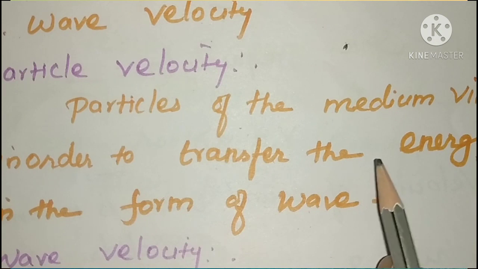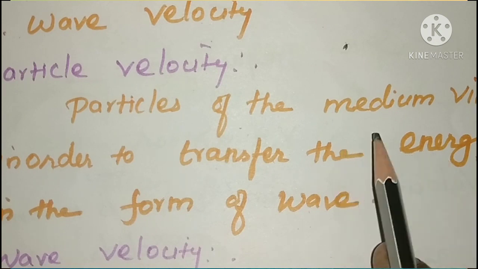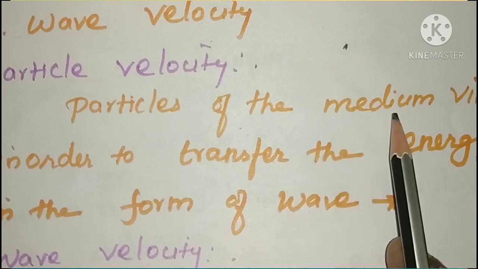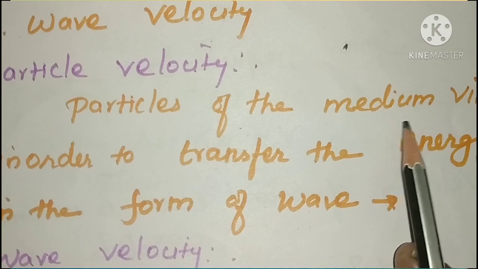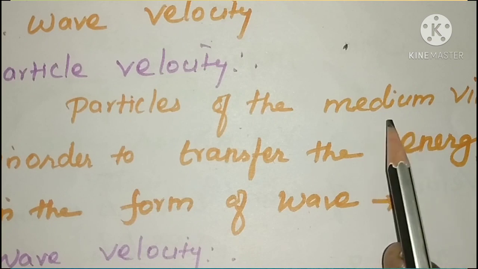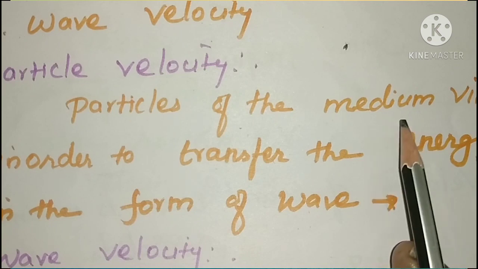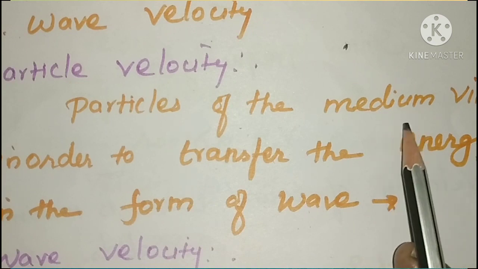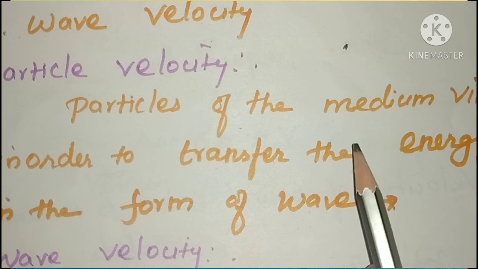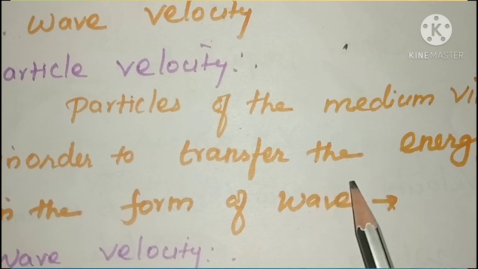In the medium there are a number of particles, and the sound travels only through those particles. When a particle gets the energy, it starts to vibrate, isn't it? So how much speed that vibration has, how fast the particle vibrates, that is called the particle velocity.